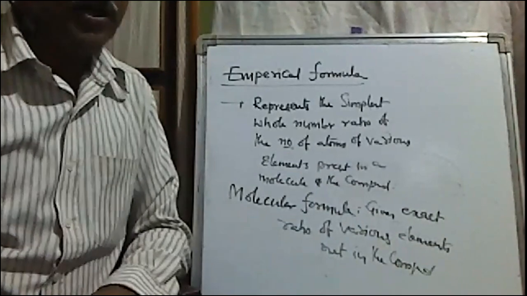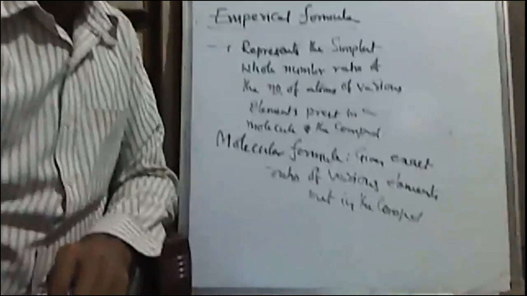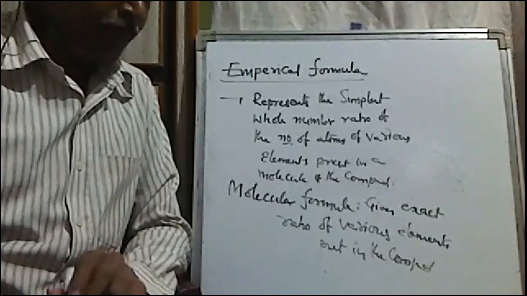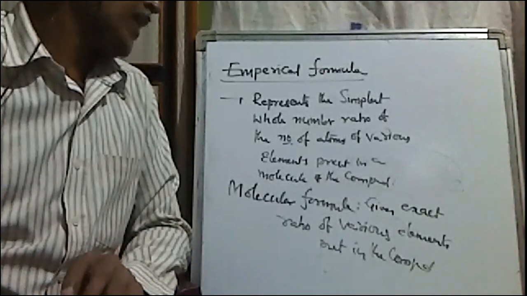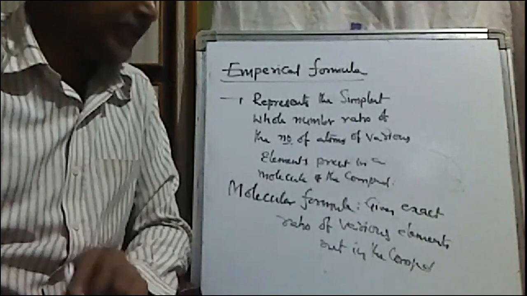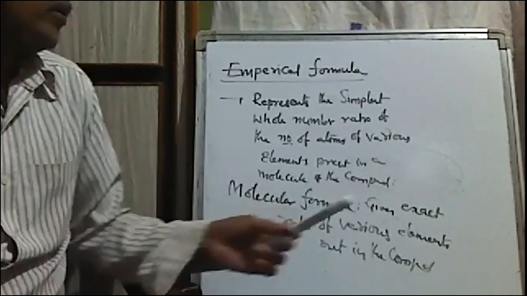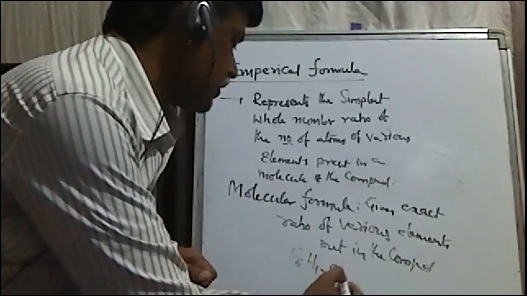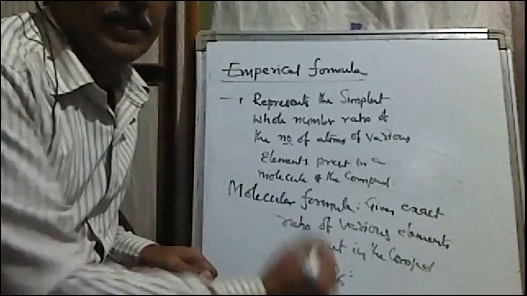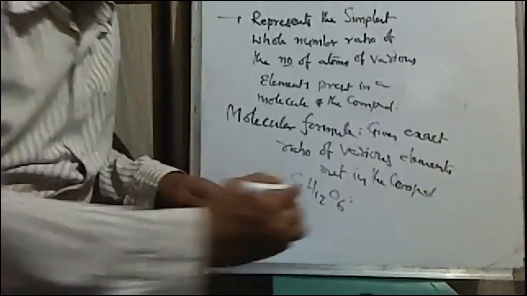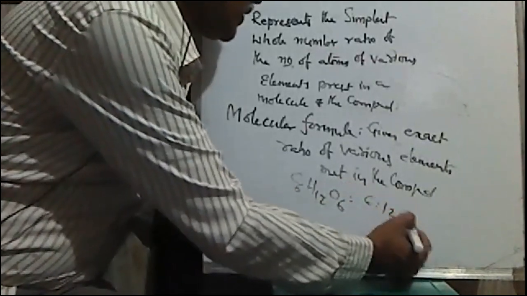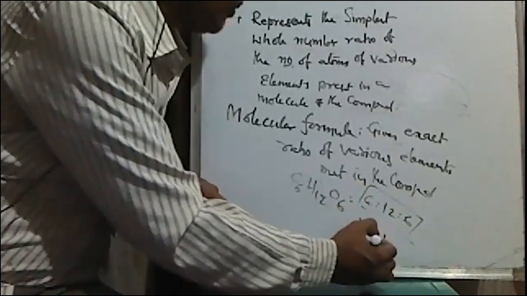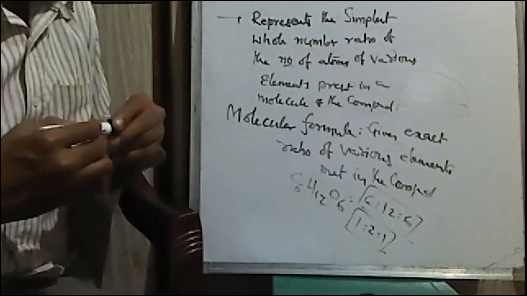Molecular formula gives the exact number of atoms of various elements present in the compound. Just now we have seen, if you take glucose, C6H12O6, what is the exact ratio of elements? 6:12:6. This is the exact ratio of elements. What is the simplest ratio here? 1:2:1.